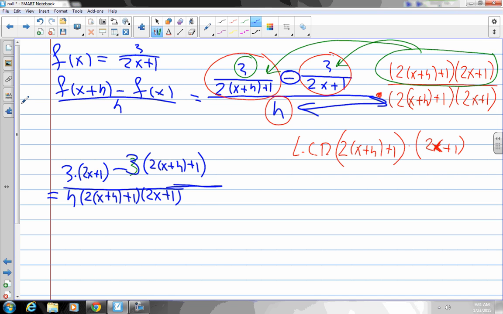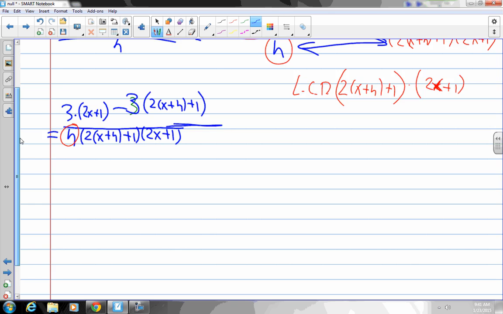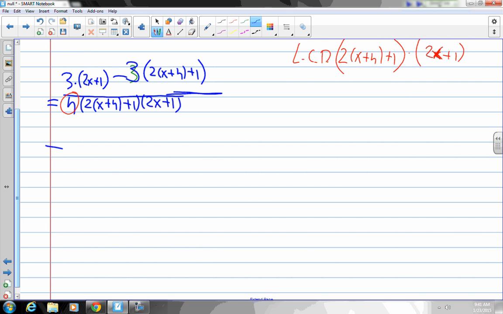Now keep in mind, we're after this: this h is what we want to cancel. That's what's causing trouble right now, because remember, I want that to be 0. It's not right now. So the rest is just algebra. Open up the parentheses, combine like terms, and don't mess with the denominator. Leave it alone.